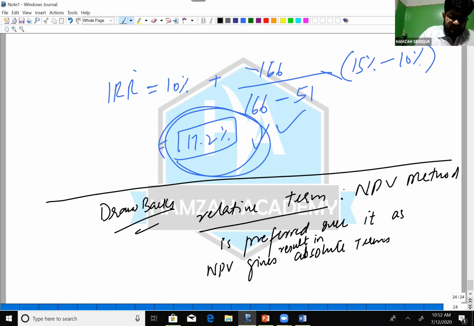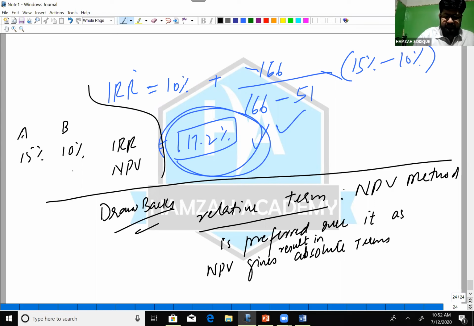Just see here. A project A and project B, they have IRR 10% and 15%, and NPV 320 million and 170 million. Now if we choose on the basis of IRR, we should select this.